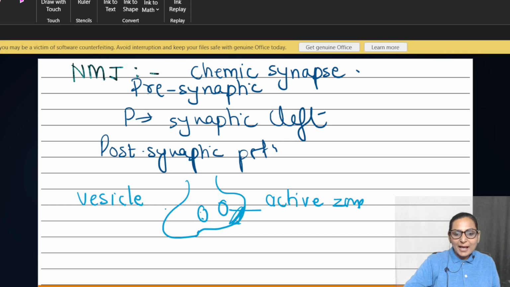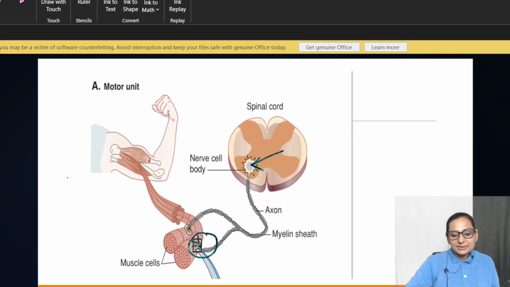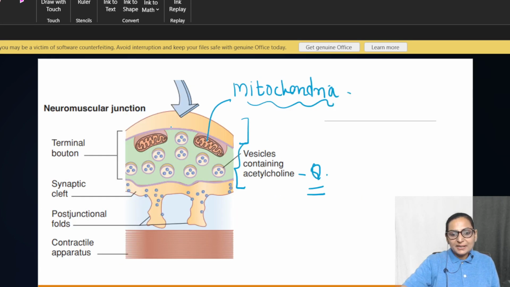So what do we have? We've seen that the presynaptic portion has, very importantly, mitochondria, and vesicles which are present at the vesicle release sites, which are the active zones. You have dense bars located there, which will be your voltage gated calcium channels.